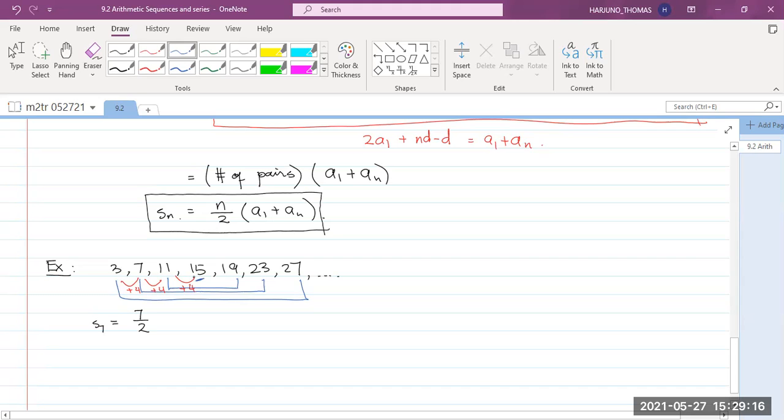Each pair, the sum is 30. How do you get that 30? Each pair, the sum is 3 plus 27. So the sum of the first 7 terms will be 105.